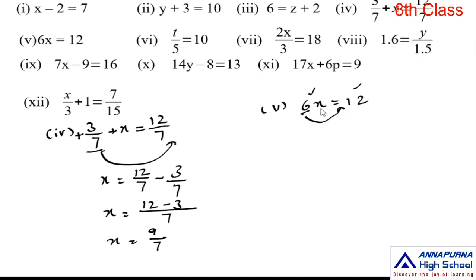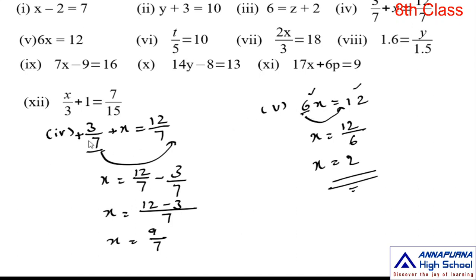Factor means it is multiplied with the remaining part. So this 6 is multiplied by x. So when you transpose this 6 to the right side, multiplication transposed to the right side now changes to division. Already on the right side you have 12, so 12 divided by 6. So x is equal to 12 divided by 6, it is equal to 2. Okay, so observe the difference between the fourth and fifth equation.